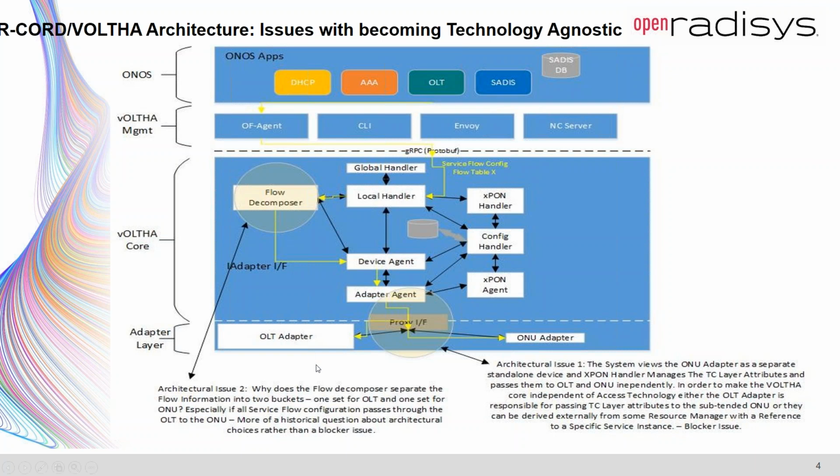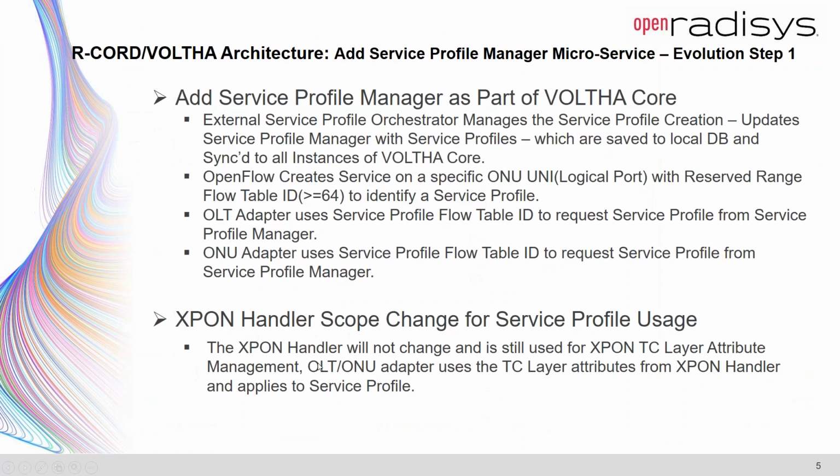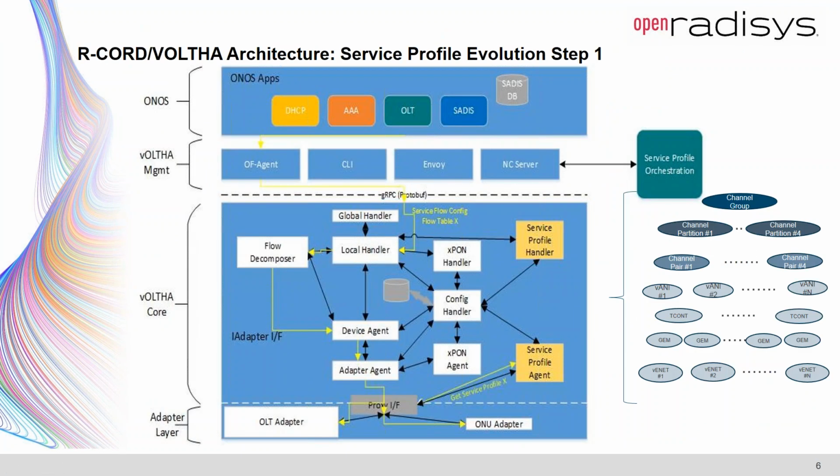So which slide is going to be the coexist? This is the one that will be the coexist model, right? So this would be a way of introducing service profiles on top of XPON. This is showing that I can add the service profile model without deprecating XPON.